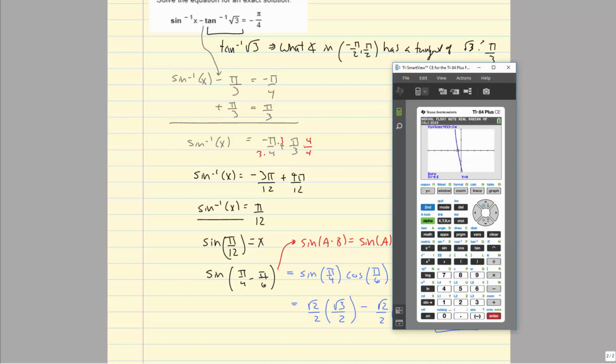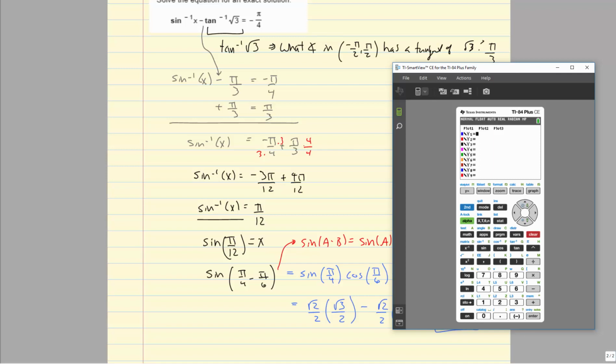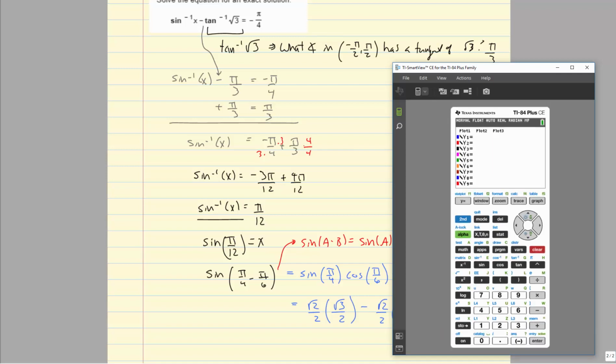So I'm going to graph the original. So go to y equal. See if I can make this a little bit bigger. Okay, so here I'll put in arcsine of x minus arctan, and the arctan would be at the square root of 3.